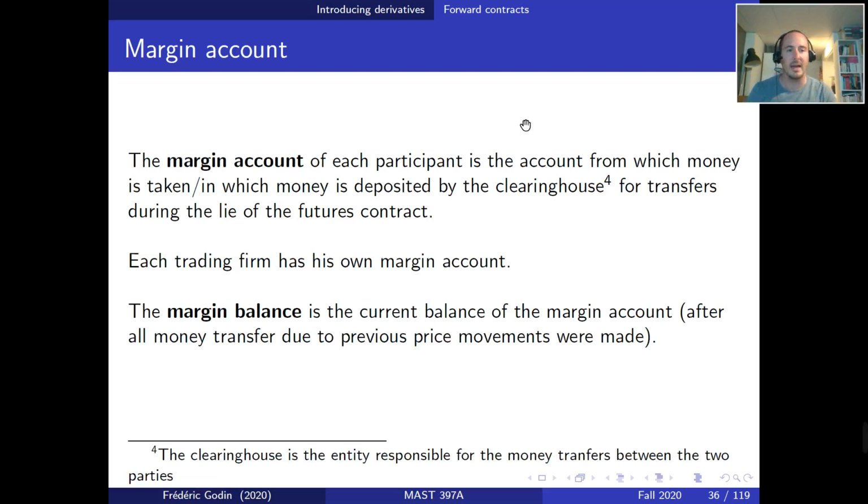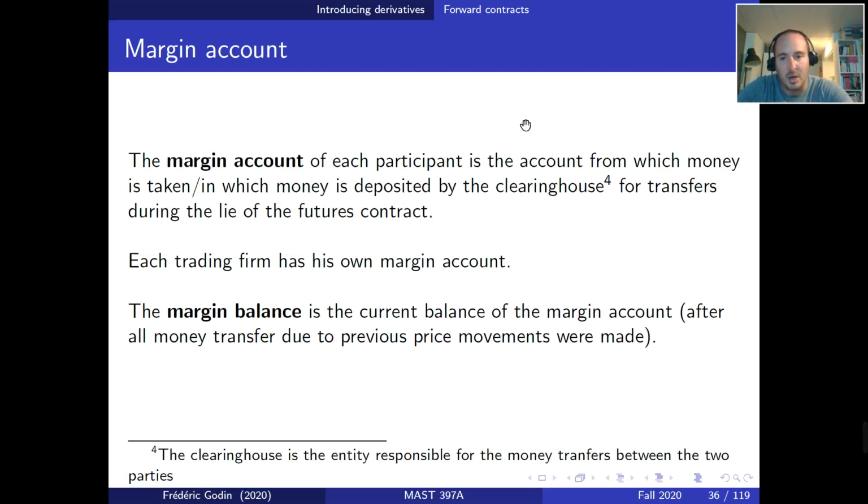So they have an account in which they deposit money, and if a payment is due to some other counterparty, then the clearinghouse will pick money from that account and give it to the account of the counterparty. Okay, so this is the margin account.